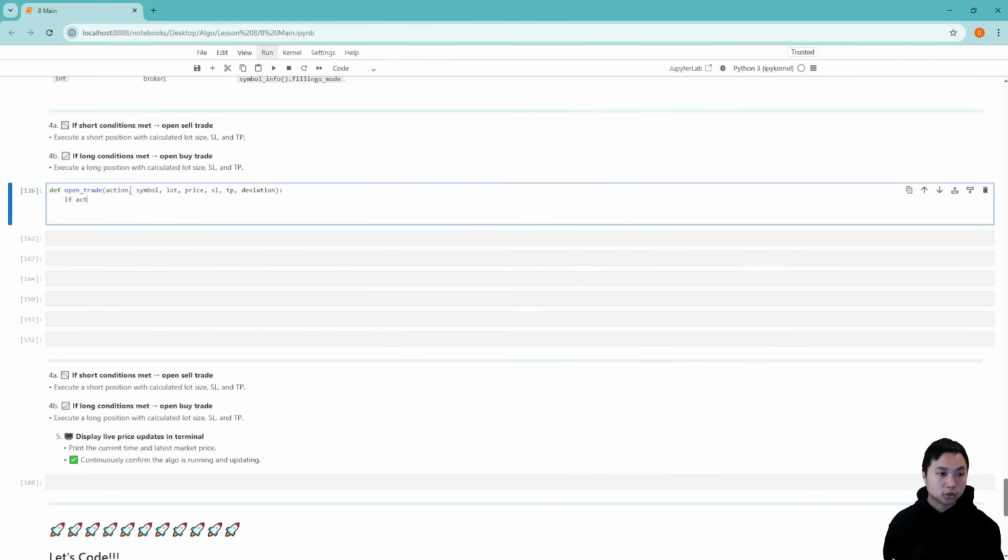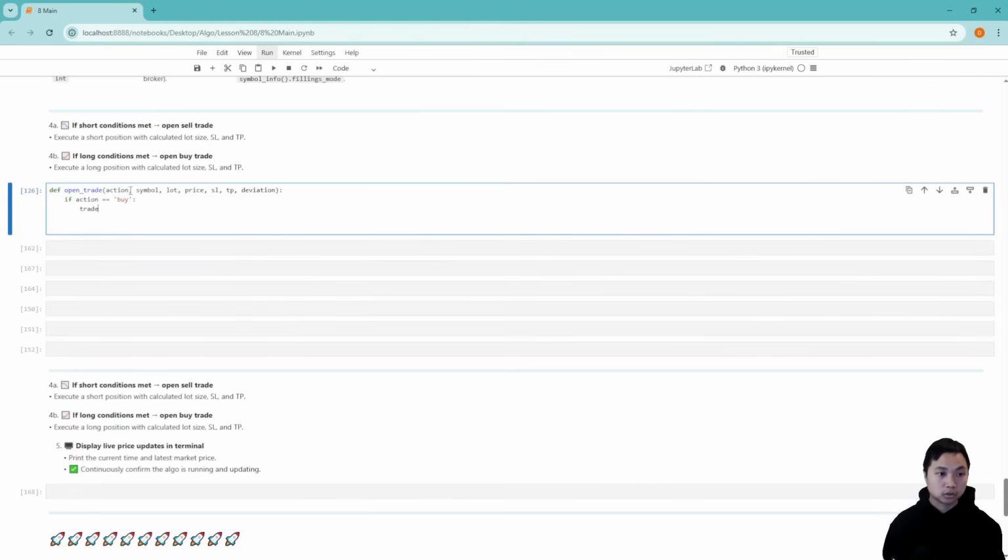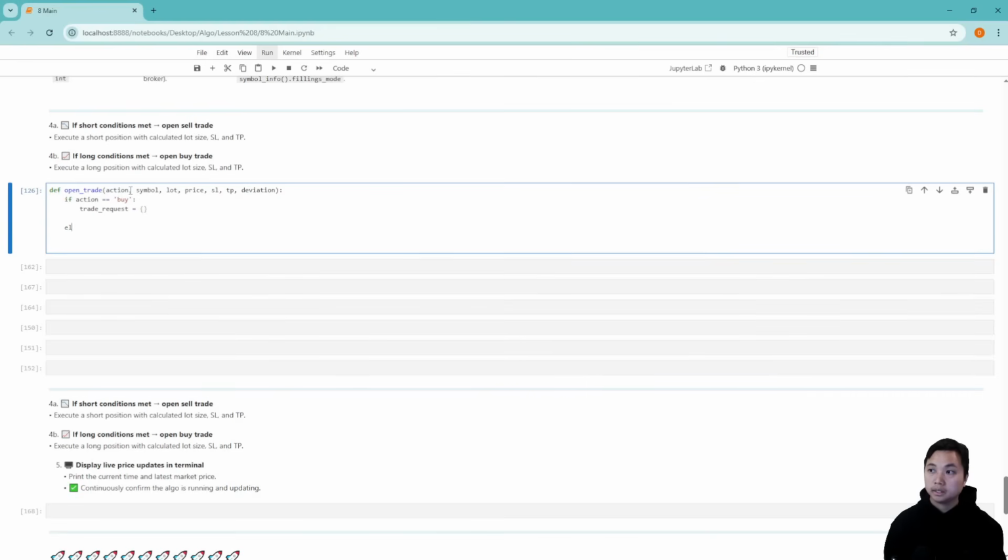And with action, let's set up the long first. This action equals buy. We are going to have trade plus, and then else if the action equals sell.